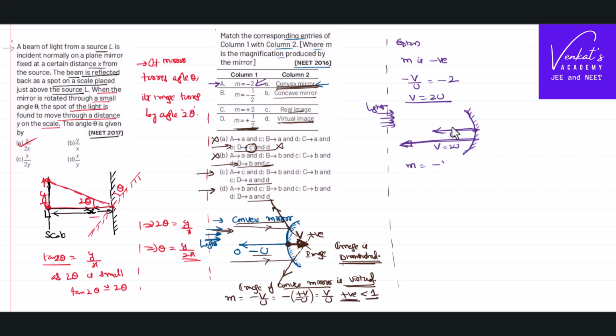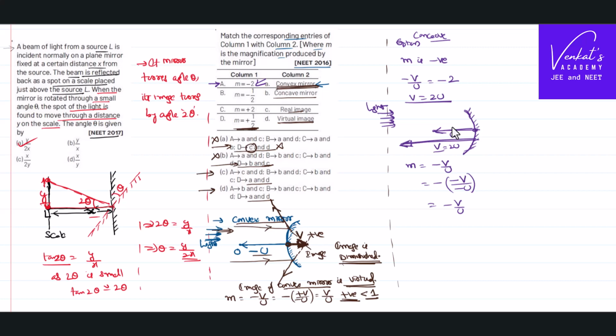Then magnification is minus V by U, our integral formula. Minus V means minus V because it's against the direction of light. U means minus U because that is also against the direction of the light. These minus signs will cancel. This becomes minus V by U. So magnification could be negative for a concave mirror. It could be positive too when the image is formed on the other side.